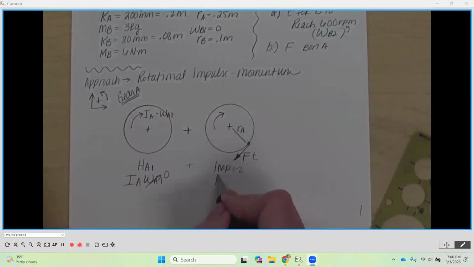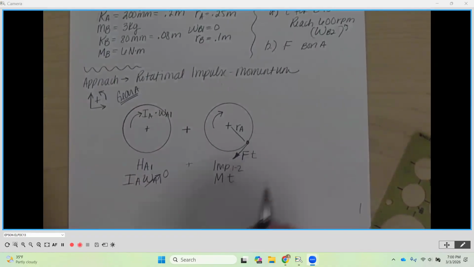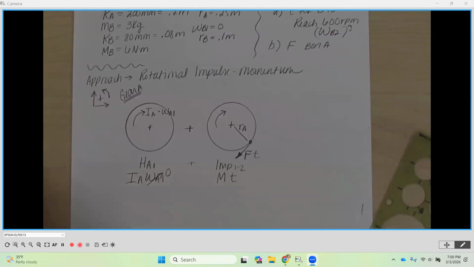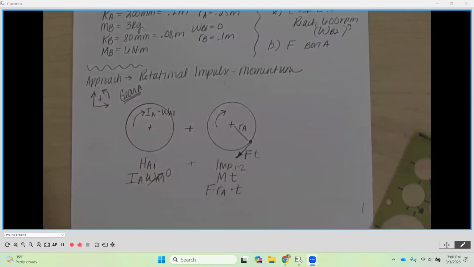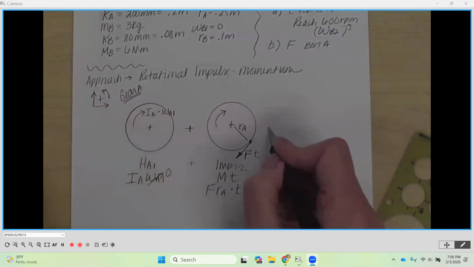This is our moment times the time. We know moment to be force times radius A, multiplied by the time, so it's force times radius times time. We'll be filling in these numbers down below in just a second.